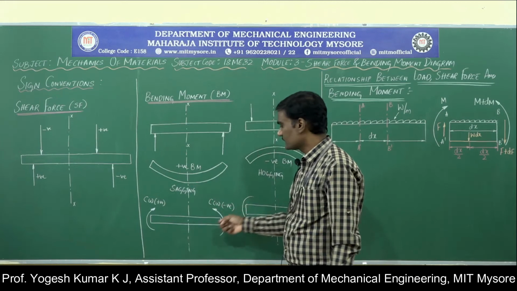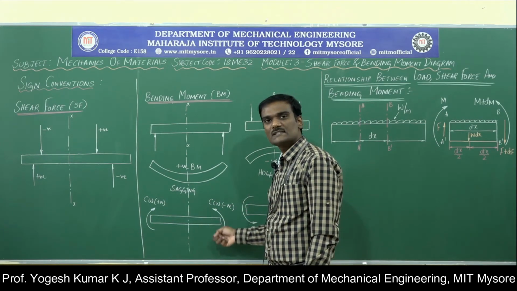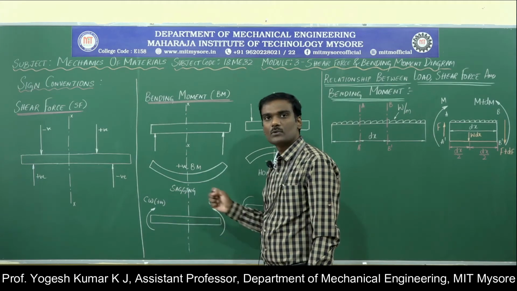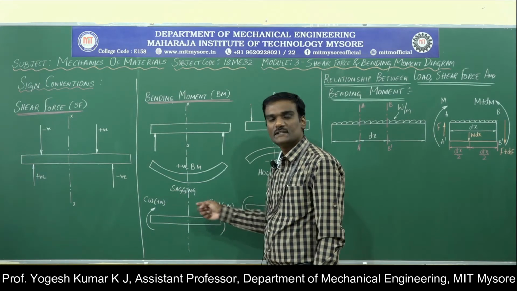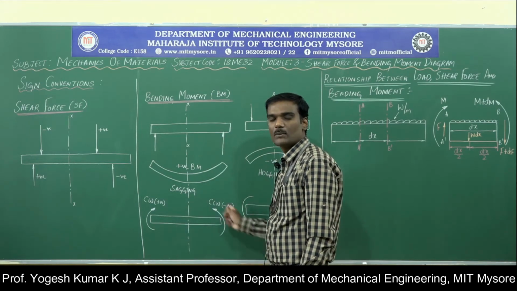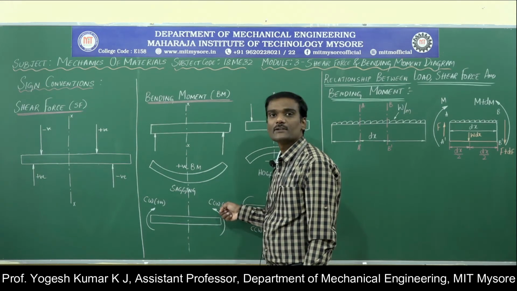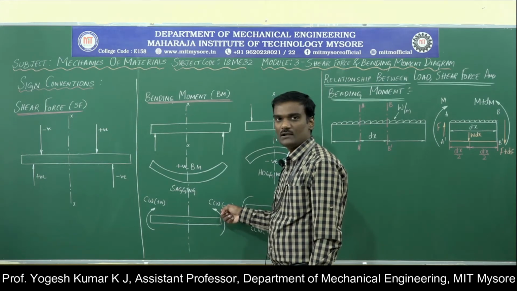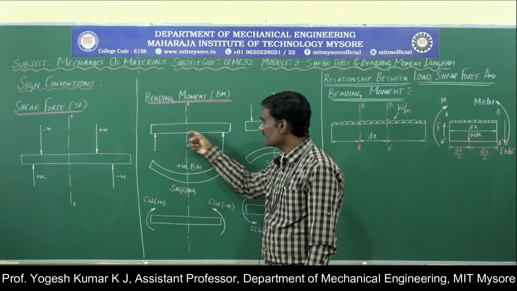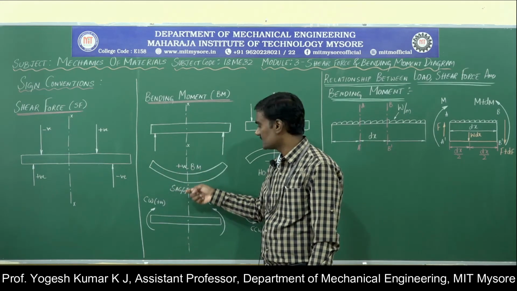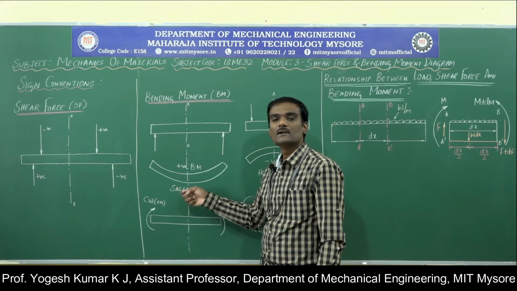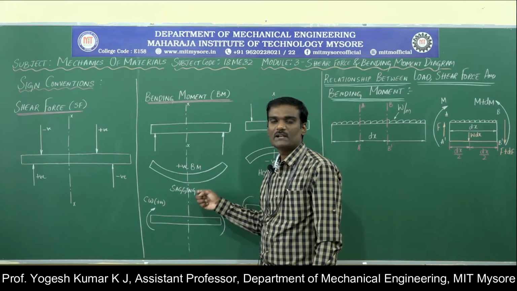Same thing, if the moment to the right side of the section produces a counterclockwise moment, counterclockwise is opposite to that of clockwise, then it is negative in nature. And the bending moment effect which is the result of this type of loading condition, if it is showing a sagging effect, then that bending moment will be positive.